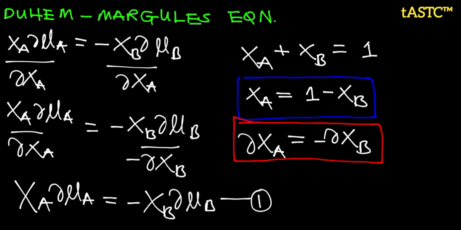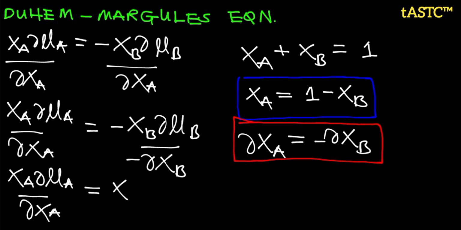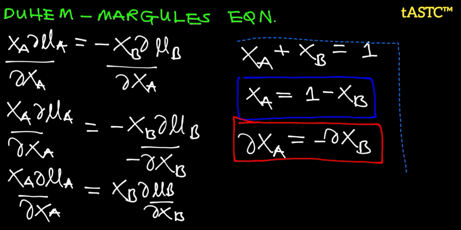So that pretty much is going to change to a positive. Now I can wipe this out. So this should be x sub A d mu sub A, and this will be divided by dx sub A. And here now we're going to have a positive. So this should be x sub B d mu sub B divided by dx sub B. I need to wipe this out also.